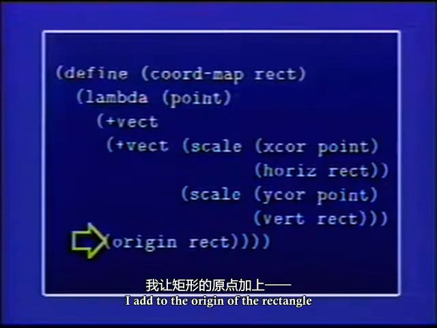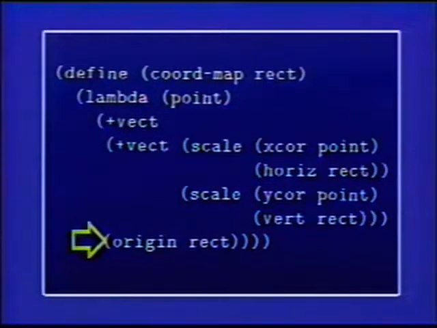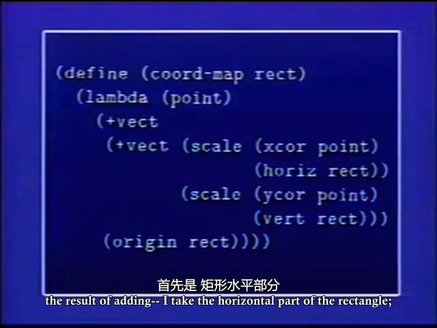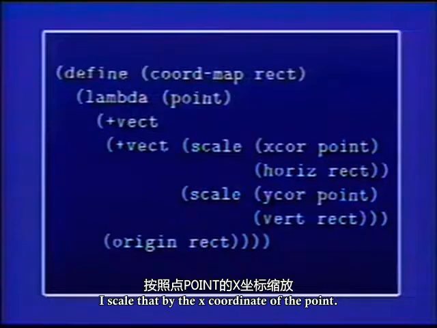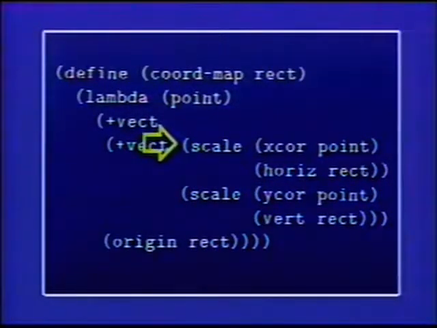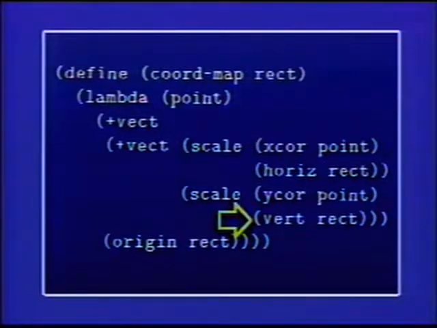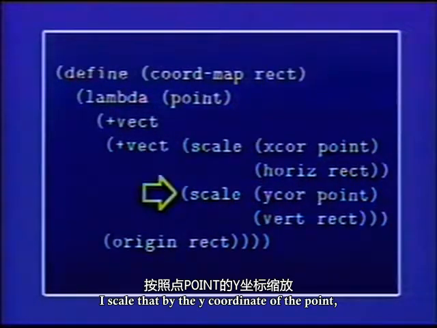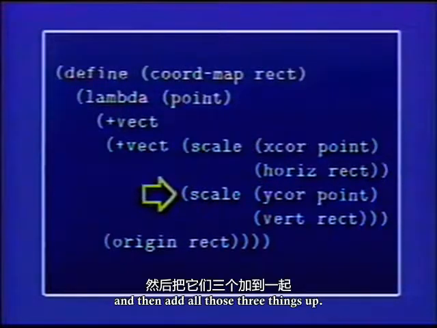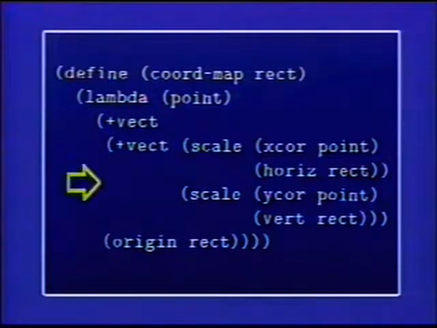I add to the origin of the rectangle the result of adding: I take the horizontal vector of the rectangle and scale it by the x coordinate of the point, I take the vertical vector of the rectangle and scale it by the y coordinate of the point, and then add all those three things up.